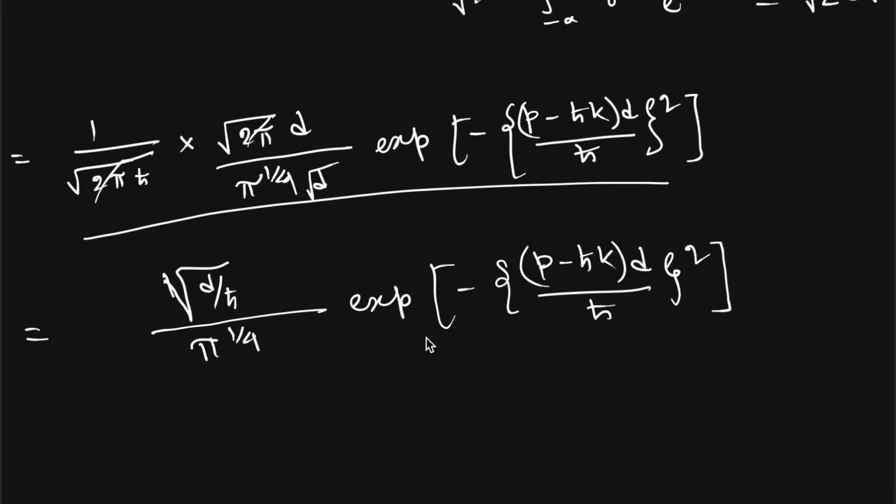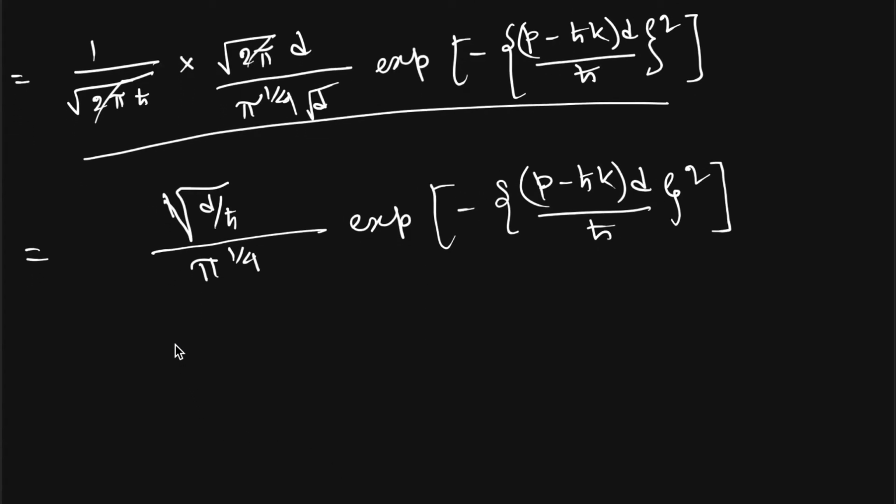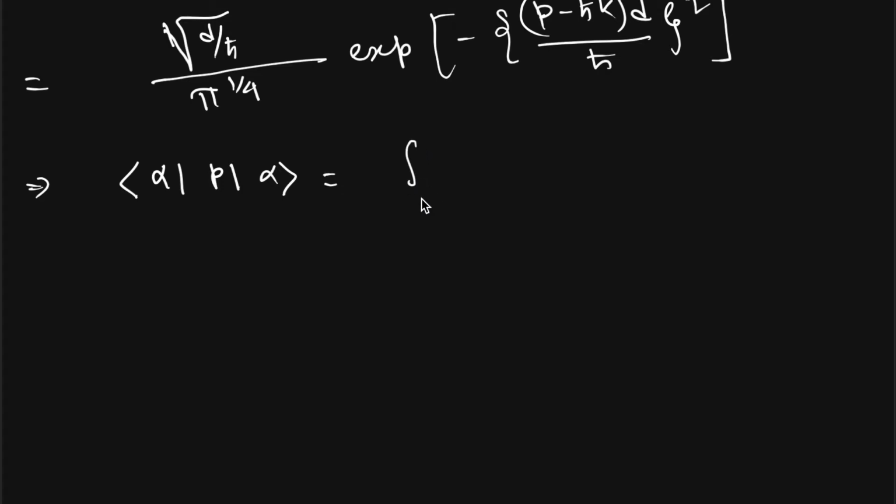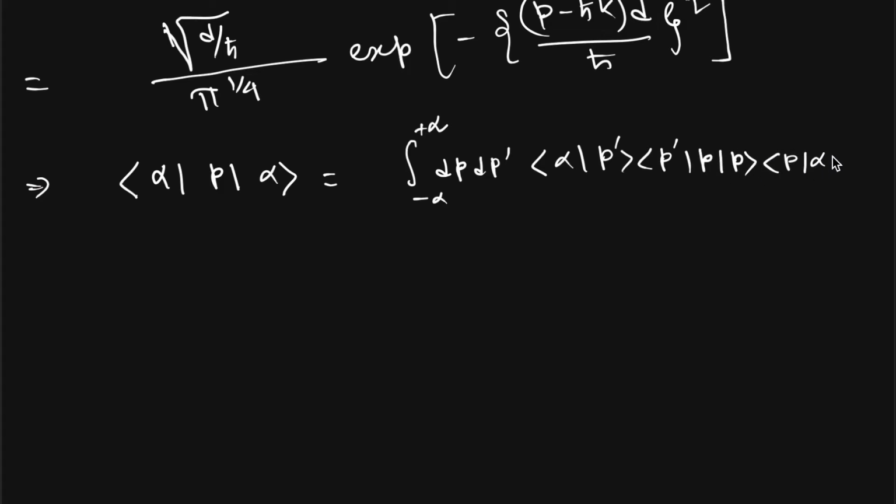Now let us calculate the expectation value. That means in this state, the expectation value will be again ⟨α|p|α⟩. Now it will be integral from minus infinity to plus infinity dp′ ⟨α|p′⟩⟨p′|p|α⟩.